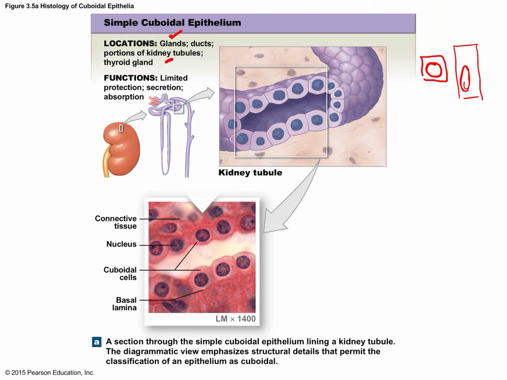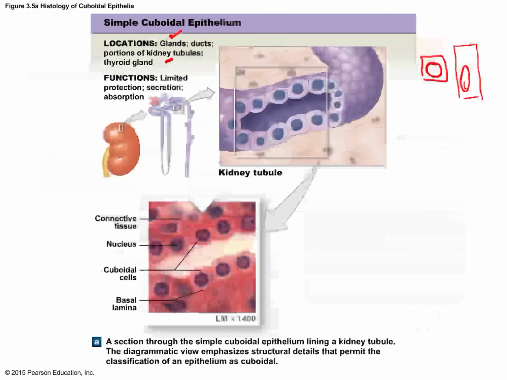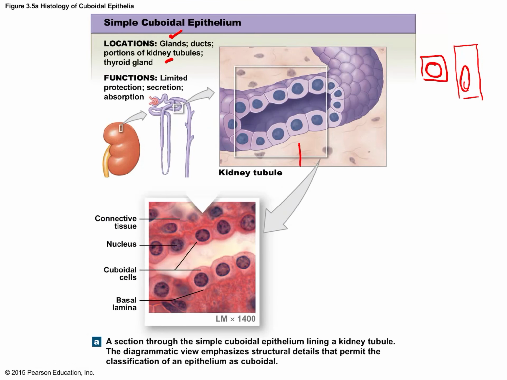And if you think about what glands do, glands secrete substances. Hormones are secreted from your hormonal glands, right? Your salivary glands are secreting saliva. Sweat glands, for example, are going to secrete sweat. So it's a very big secretion tissue.